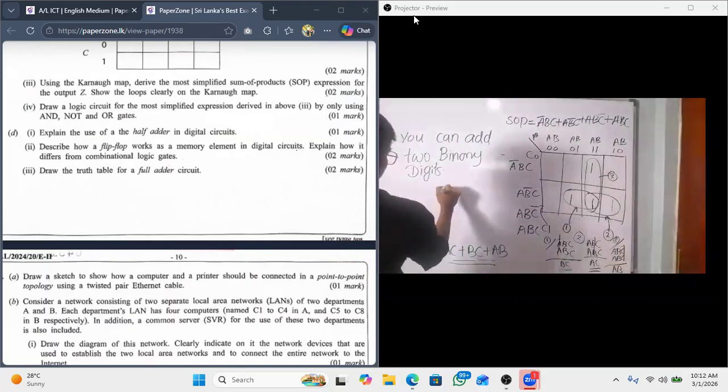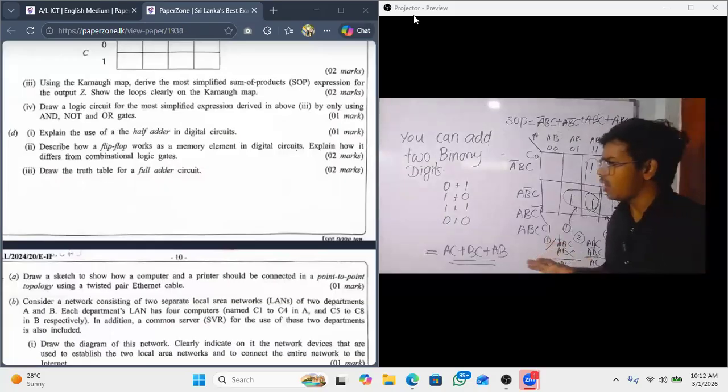You can do 0 plus 1, 1 plus 0, or else 1 plus 1 or 0 plus 0. Those are the things you can do with the half adder.